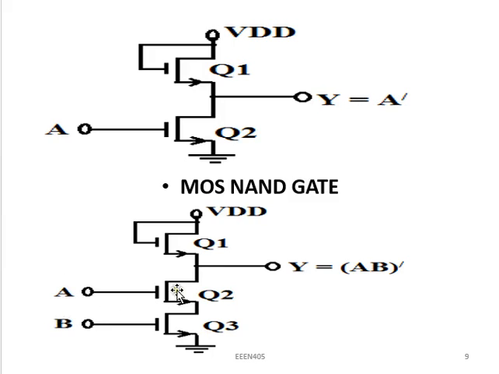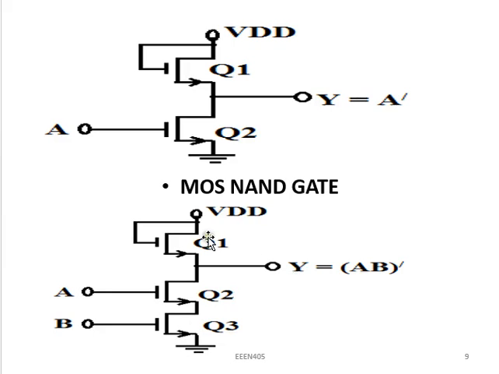If they are low, it means Q2 and Q3 are not conducting. What we have here cannot go to ground, our output should be high. But when A is low, B is high, Q2 is not conducting, no way to ground, therefore here should be high. If A is high but B is low, still there is no way to ground because this Q3 is not conducting, still my Y should be high.